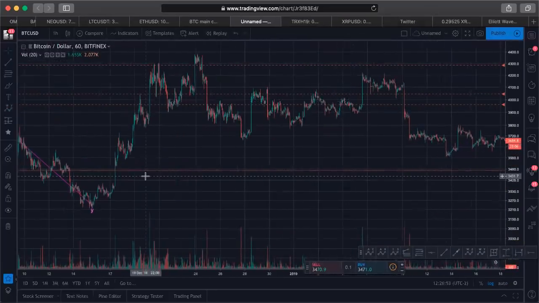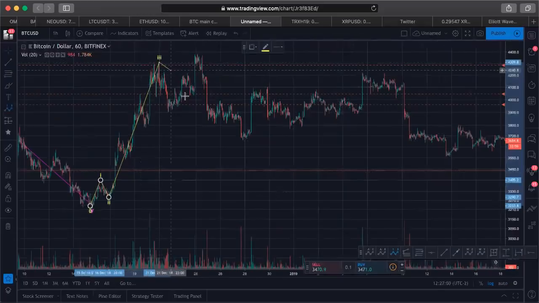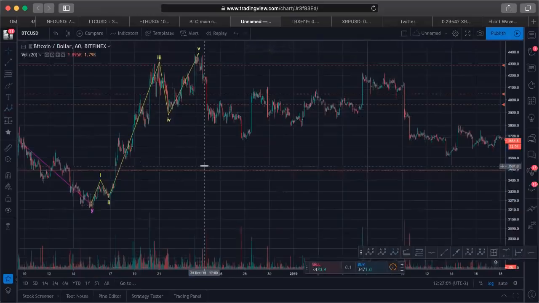What do we have here? We have first wave, 1, 2, 3, 4, third wave, 1, 2, 3, 4, 5, an ending diagonal here.